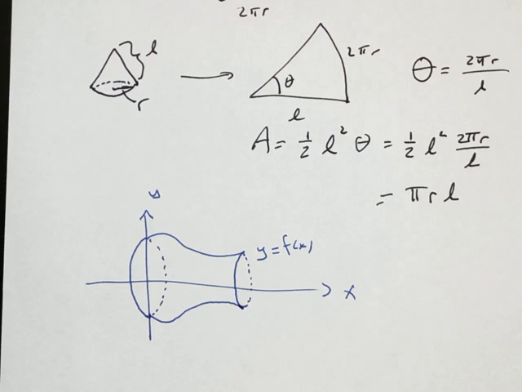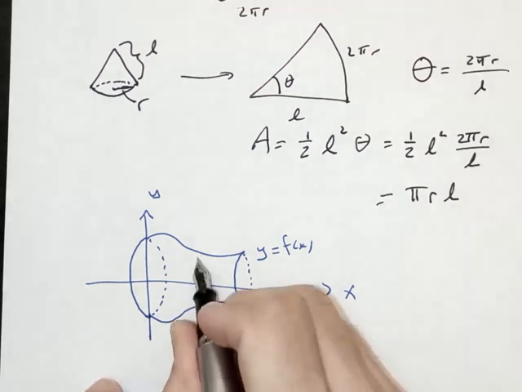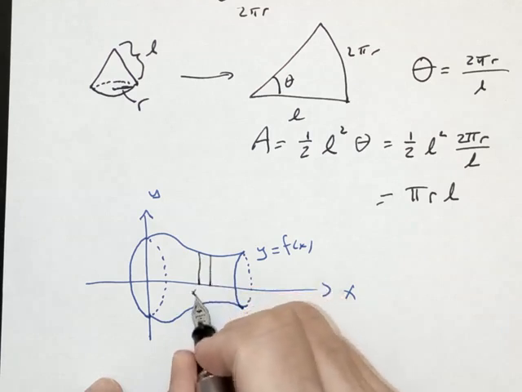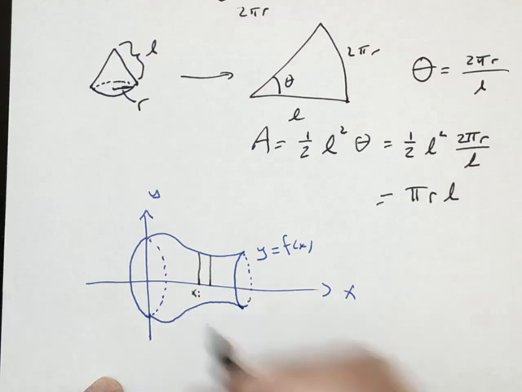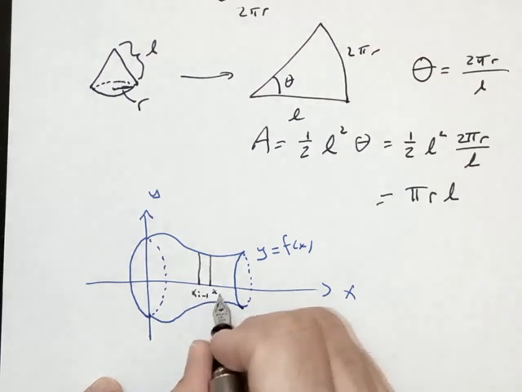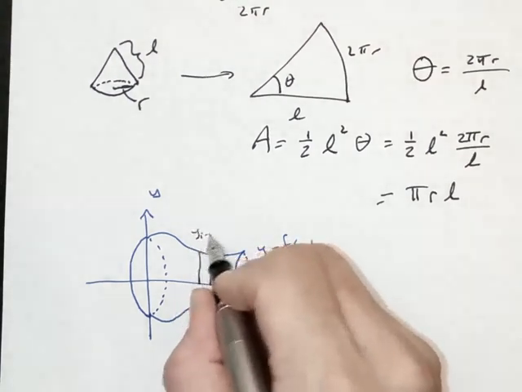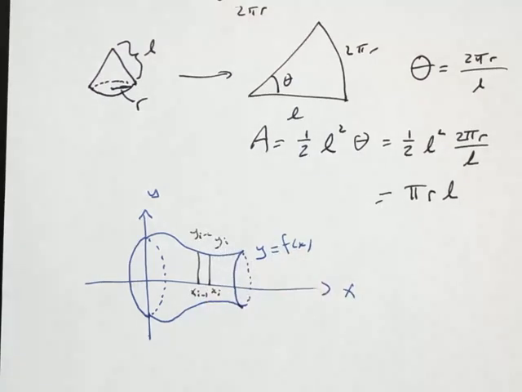But I can cut that up and approximate the surface by taking two x values, xi minus 1 and xi, and getting a yi minus 1 and a yi for each of those. I can see what happens when we spin those.